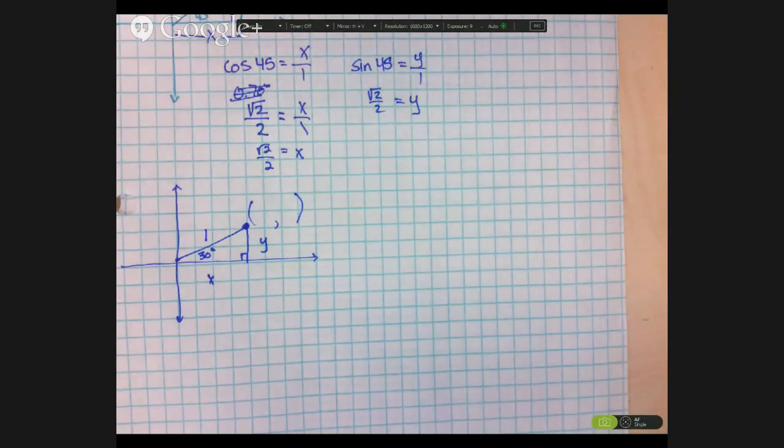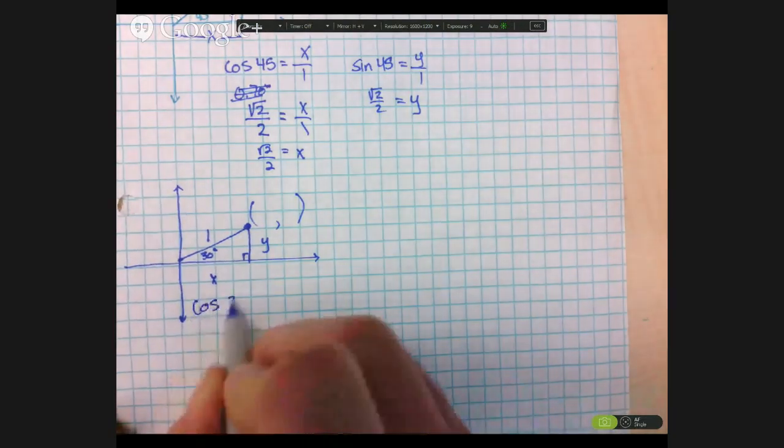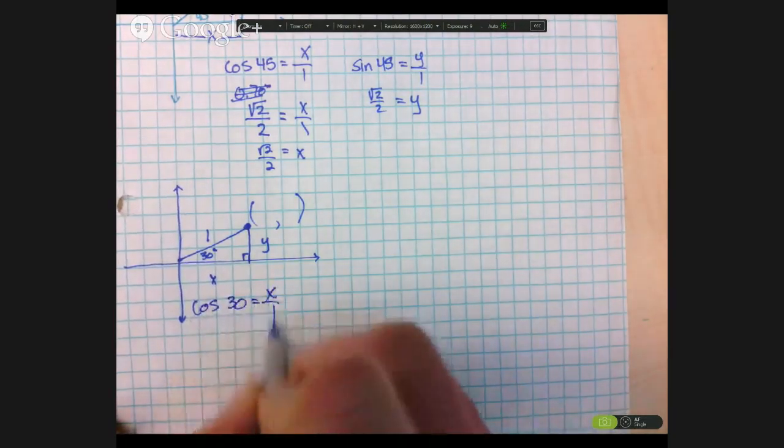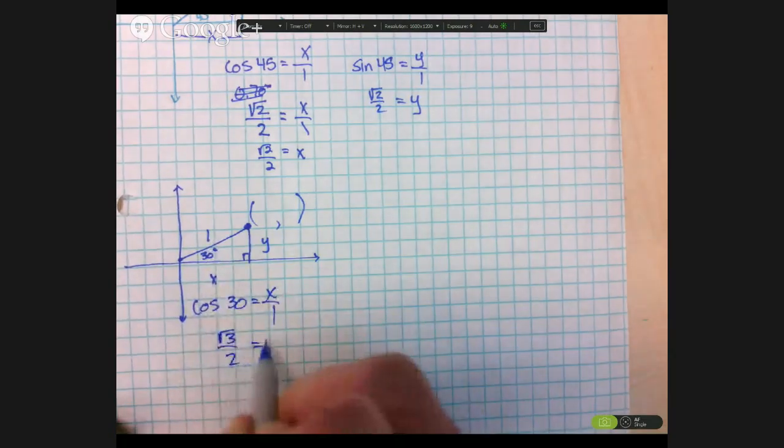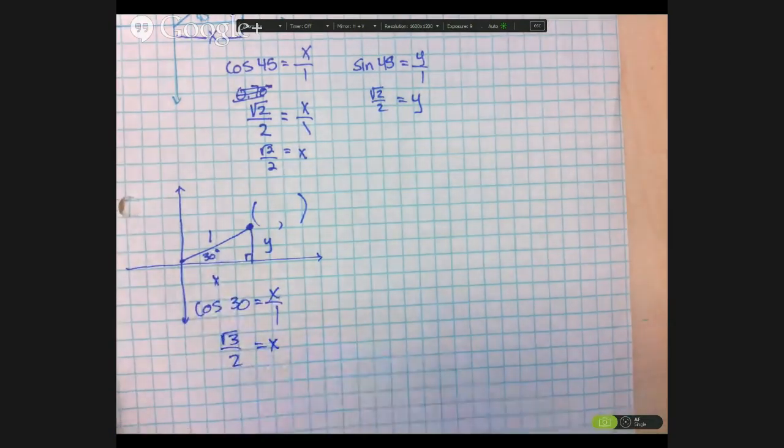So you're telling me that the cosine of 60, 30, sorry. Okay, no decimals. Cosine 30 is x over 1, right? Go to your table. Is that correct?